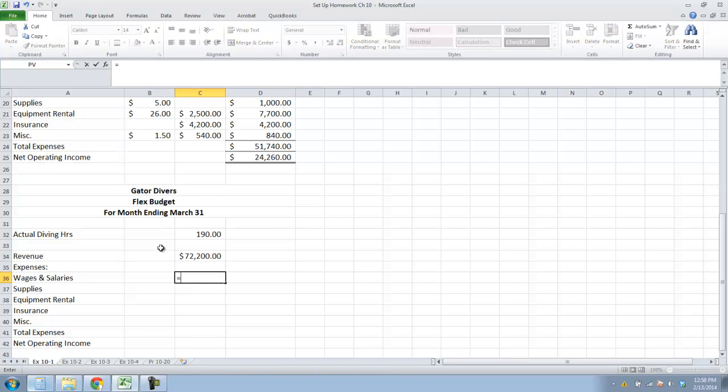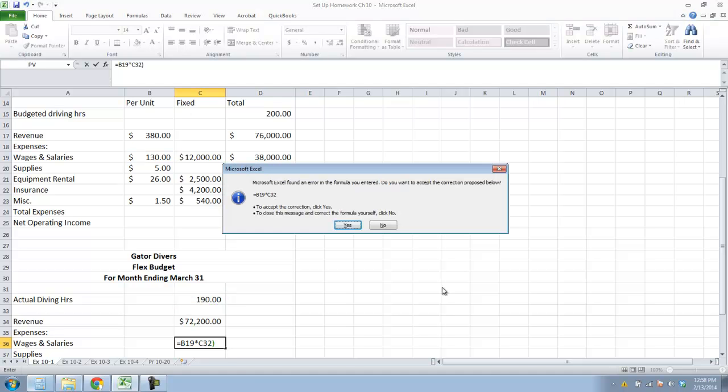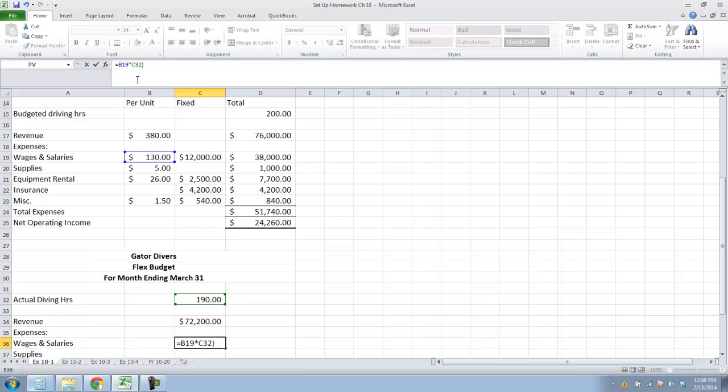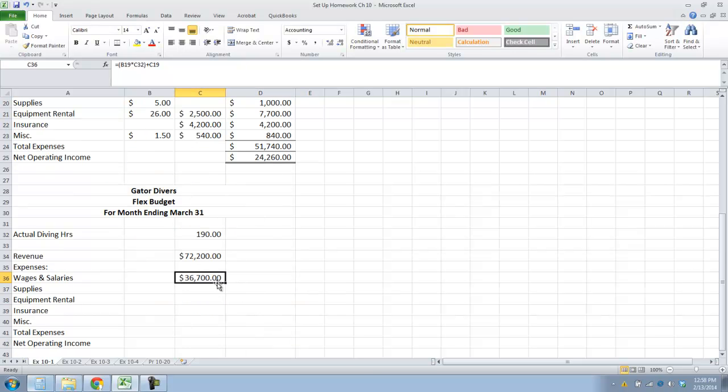So, wages and salaries. So it's telling me I made the wrong formula here. I need to put the parentheses to start with. And I'm going to multiply that by the 190, and in a flex budget, the fixed will remain the same as budgeted. And then I'm just going to go ahead and drag this down all the way.